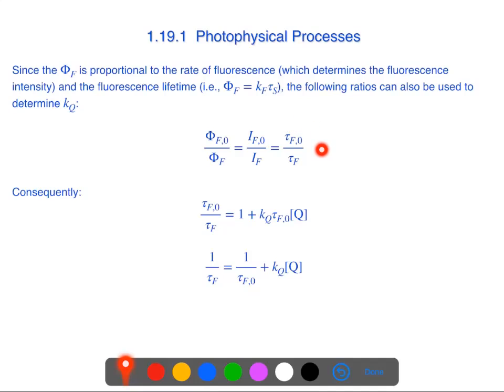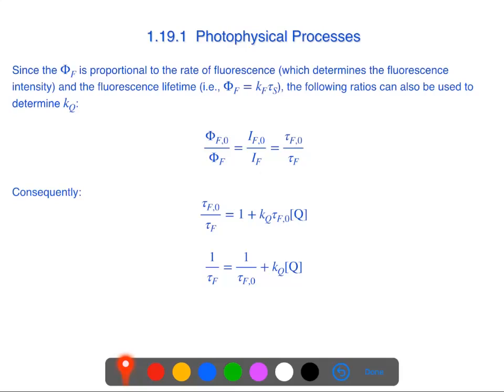In particular, if we look at the ratio of the fluorescence lifetimes in the absence and presence of quencher, if we substitute that in for the ratio of the fluorescence quantum yields, we end up with this expression. If we divide through on both sides by the fluorescence lifetime in the absence of quencher, we end up with the following expression.